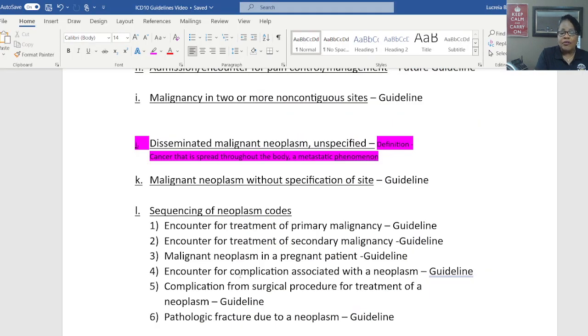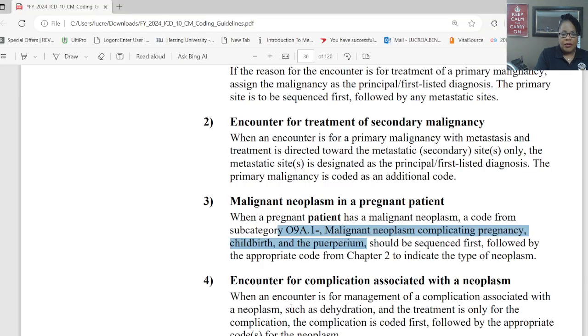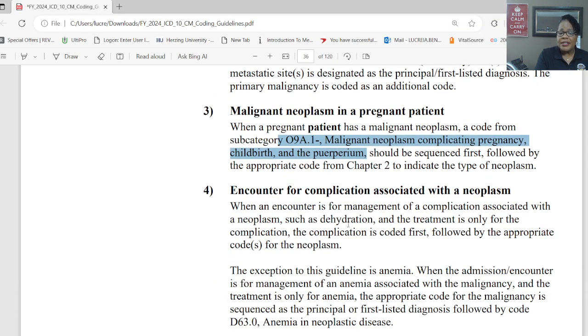Number 4, encounter for complications associated with neoplasms. When an encounter is for management of a complication associated with a neoplasm such as dehydration, and the treatment is only for the complication, the complication is coded first, followed by the appropriate code or codes for the neoplasm.